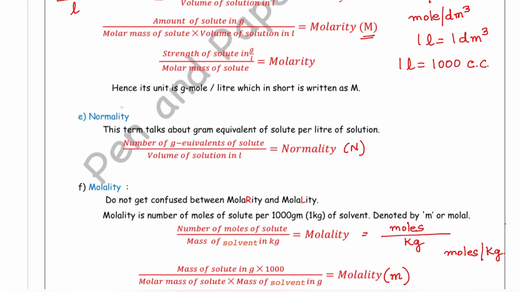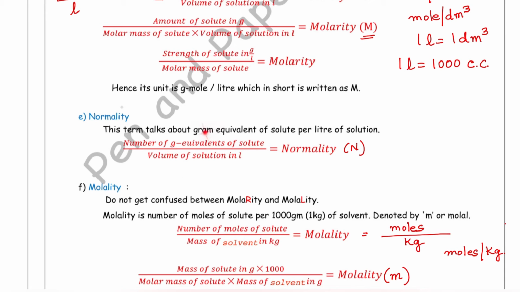Now, in between molarity and molality, you will see over here a tiny bit of normality written, squished between the two. Now, this is a term which is not very commonly dealt with in most of the curriculum, but we will talk about it just to keep you informed about what it is. In the case of normality, we talk about the number of gram equivalents of solute divided by the volume of solution in liters.